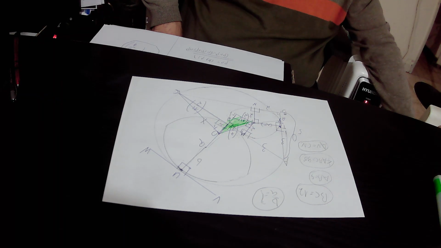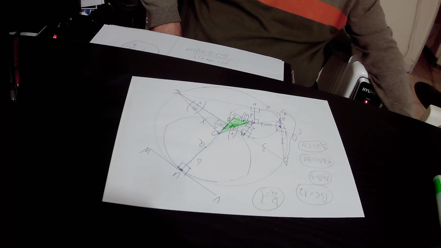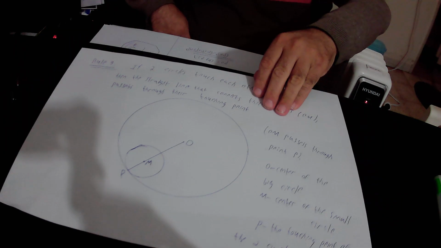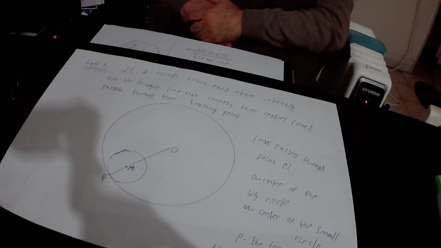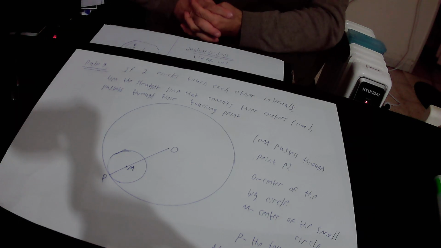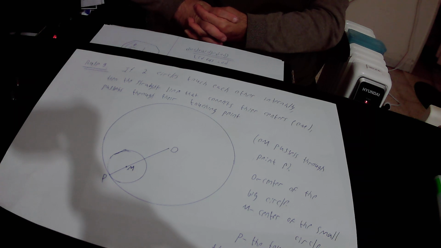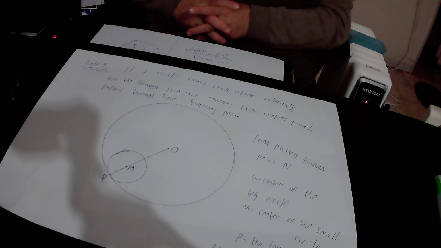Actually we presented to you rule number 9, and we implemented rule number 9 in our drawing. According to rule number 9, if two circles touch each other internally, then the straight line that connects their centers together passes through their touching point.